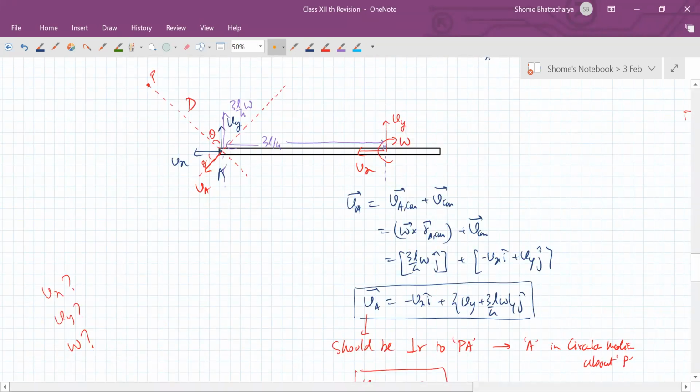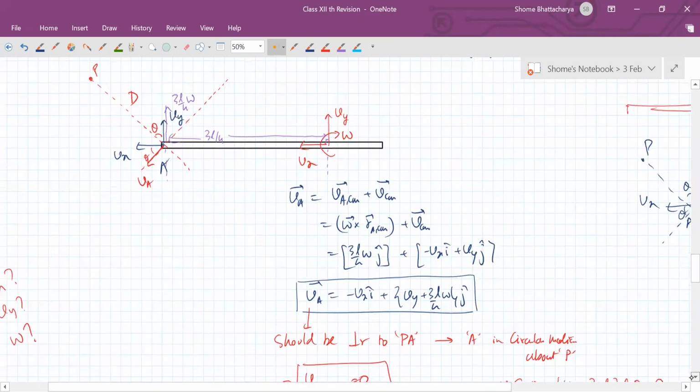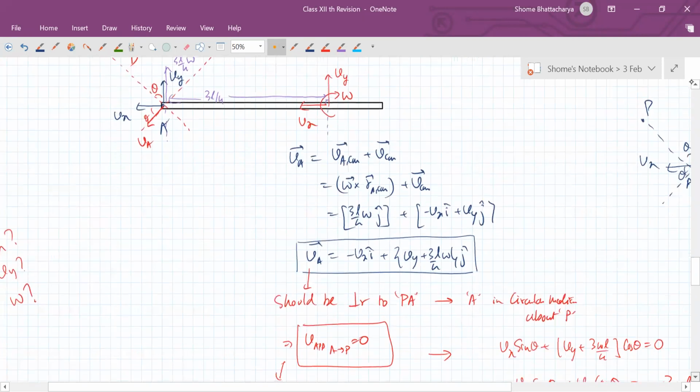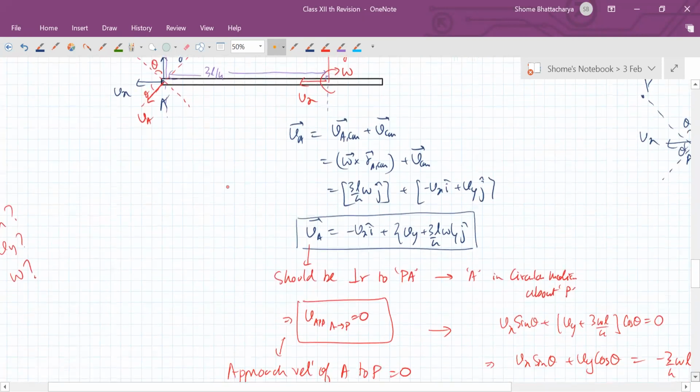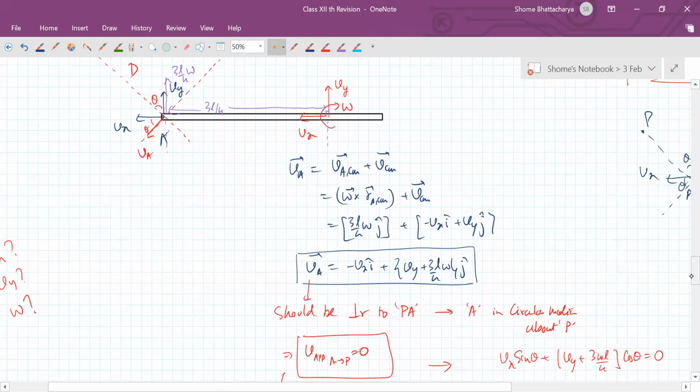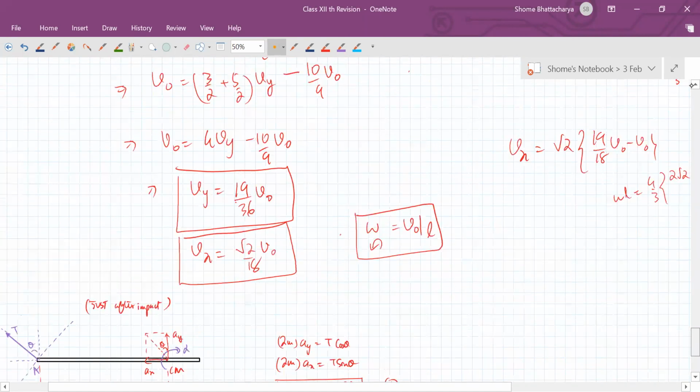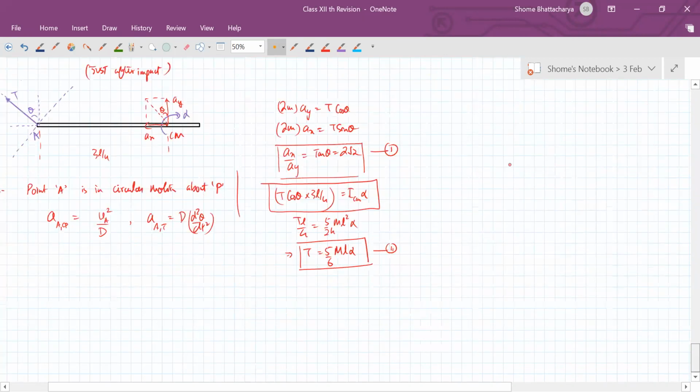This point over here. We made the approach velocity 0. But this also now means that what is the net velocity of the point A? Okay. So from this you'll understand that the net velocity of the point A is going to be like this.